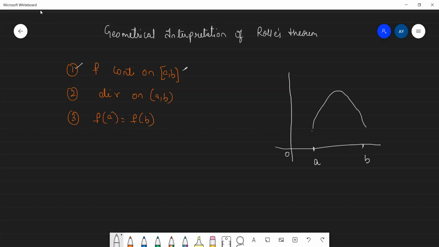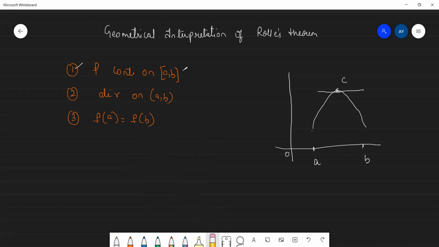And next, f is derivable. What is derivable? Whenever you have a graph, if the graph cuts like this, it is not derivable. If the graph has a tangent to the curve that is parallel to the x-axis, then this is derivable on the open interval (a, b). Why are we taking the open interval?